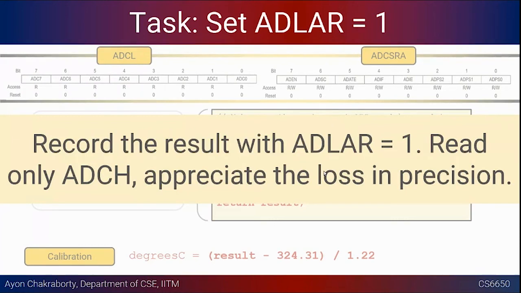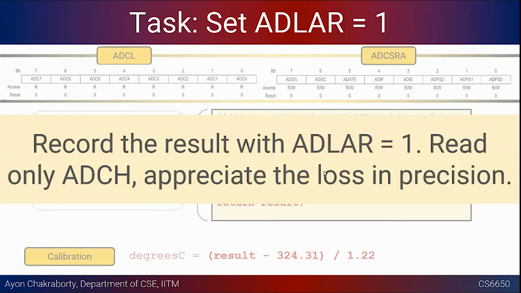That will definitely have a loss in the precision of the temperature value. So you can also understand how the value changes while you are having the heat source in front of the microcontroller, if you're just using 8 bits versus using 10 bits. Those kind of practical things you can experiment with and see what happens.